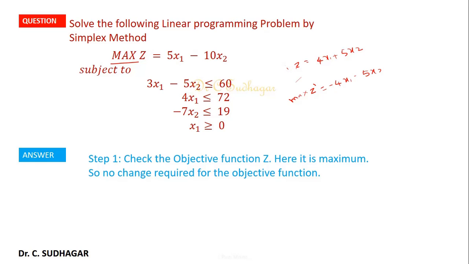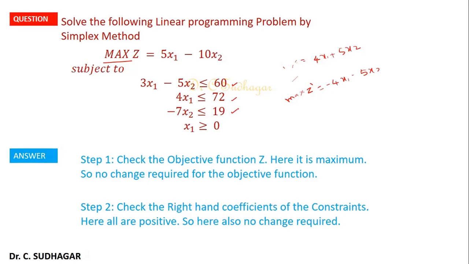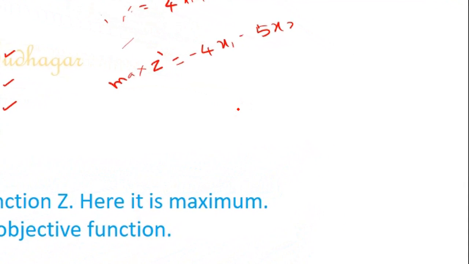Now let us check the second condition: the right hand side coefficients. The right hand side coefficients are all positive numbers like 60, 72, 19. In case some of the constraints are negative, say 4x1 plus 5x2 less than or equal to minus 4, convert the negative term into a positive one by multiplying the complete equation by minus 1.